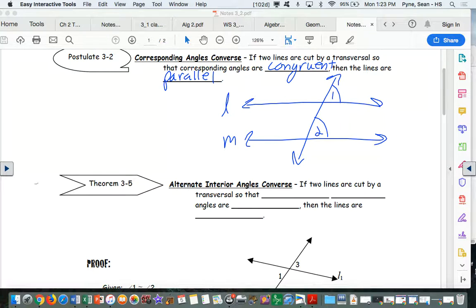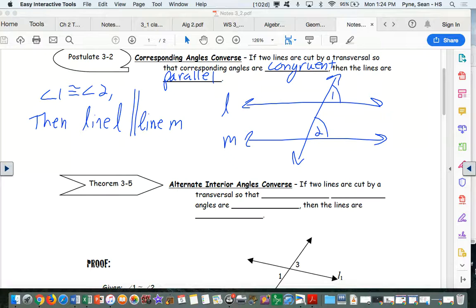So, because angle 1 is congruent to angle 2 from the drawing, we can then say that line L is parallel to line M. So knowing about the angles, we can then say something about the lines. Next.